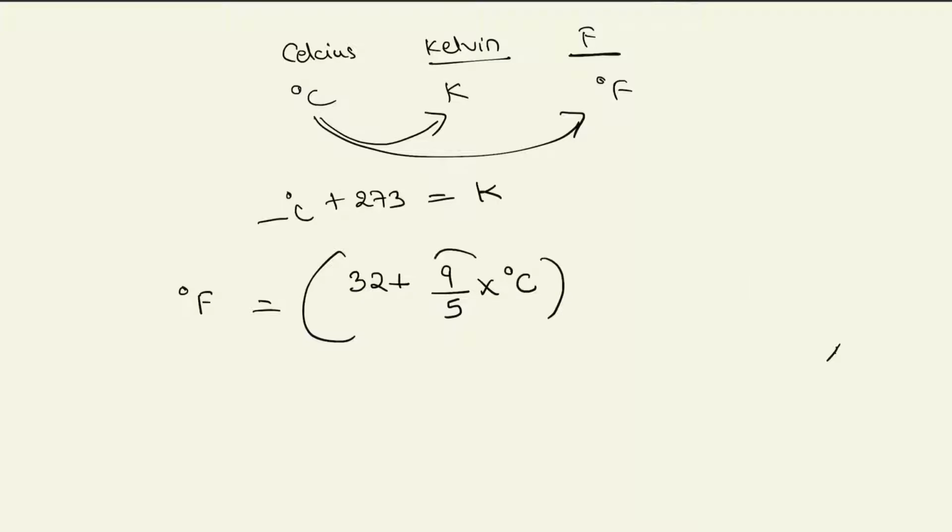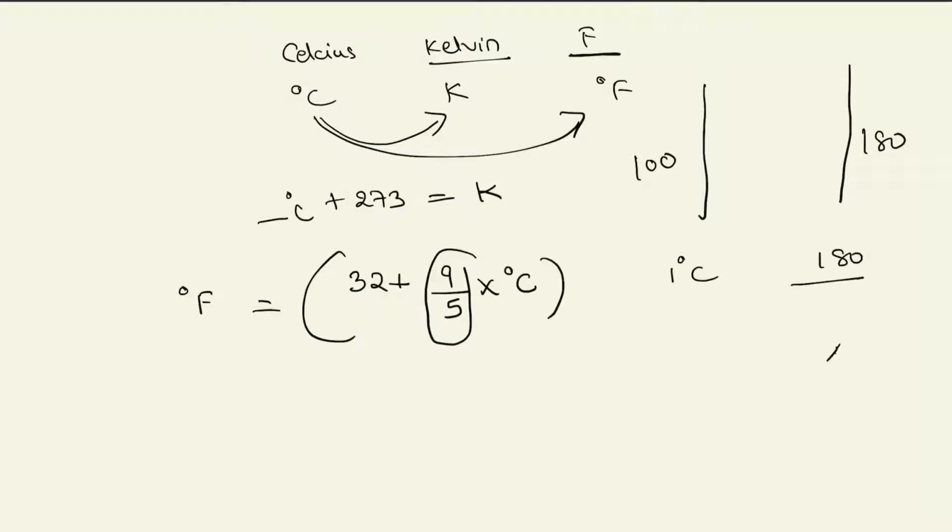So basically, how has this factor come about? We knew that the 100 divisions on the Celsius scale were equal to 180 divisions on the Fahrenheit scale. This means 1 degree Celsius will make up 180 by 100 for every 1 degree Celsius. And to top it all, the Fahrenheit scale was starting from 32 degree Fahrenheit, so we add 32.